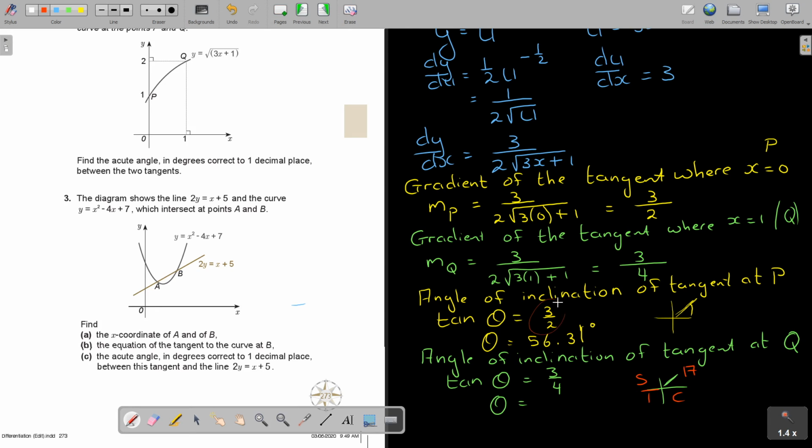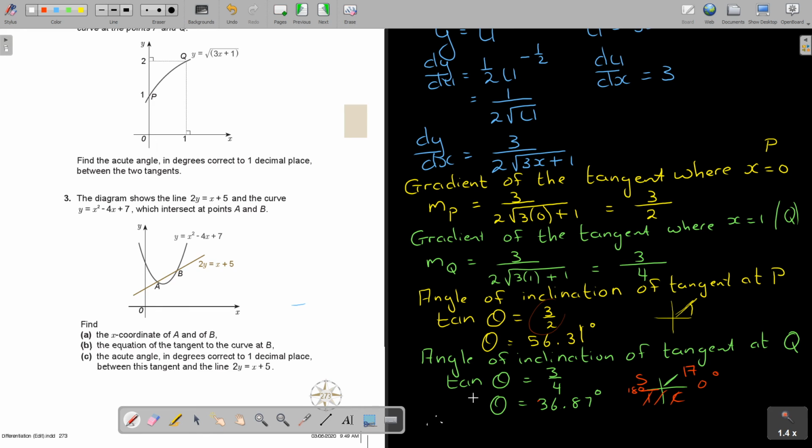Because the ratio is now positive, it's there and there. This is blocked out because it's just from 0 to 180. So that will be 36.87 degrees.